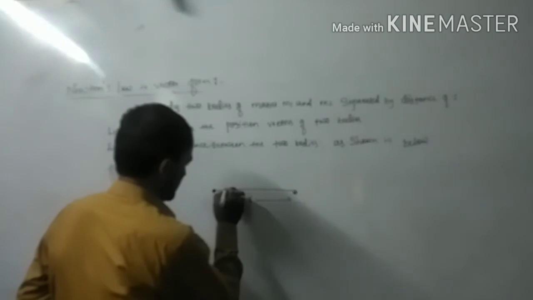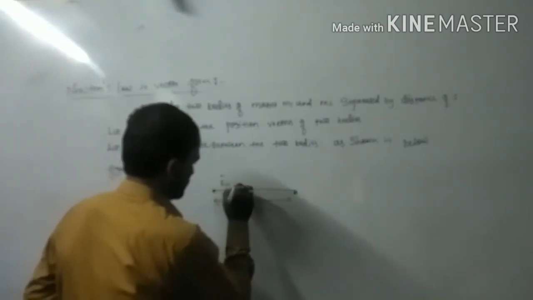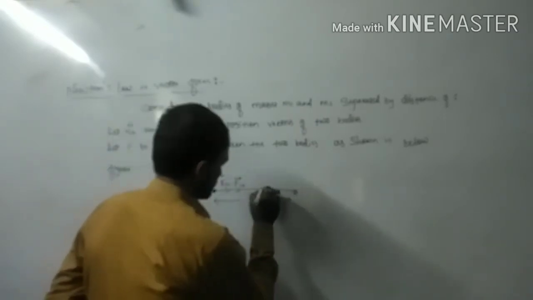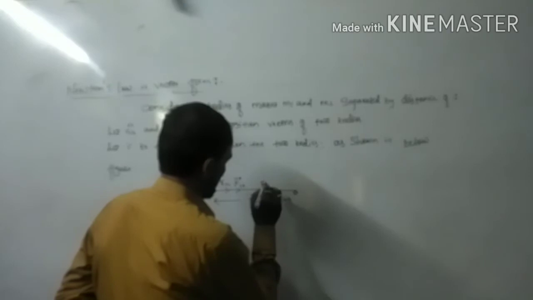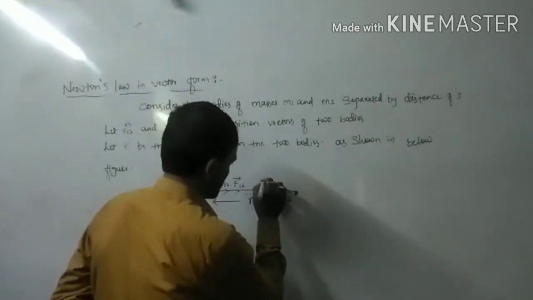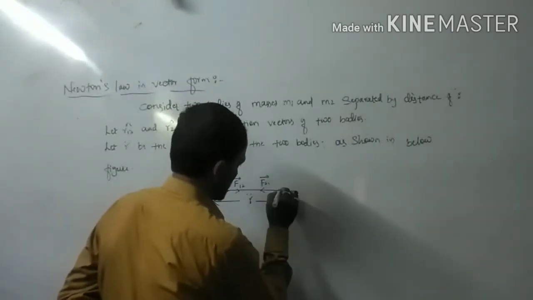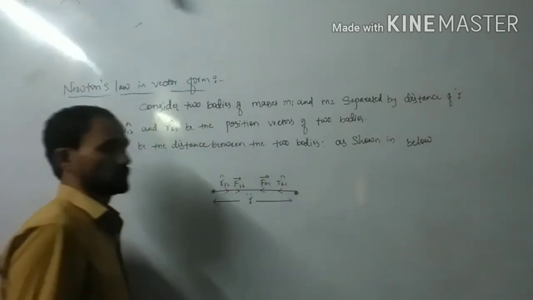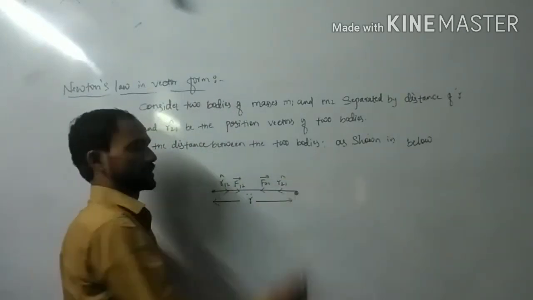Then here is r12, and here the force F12 acts. This is F21, the force acting, and this is r21, the position vector for this body.